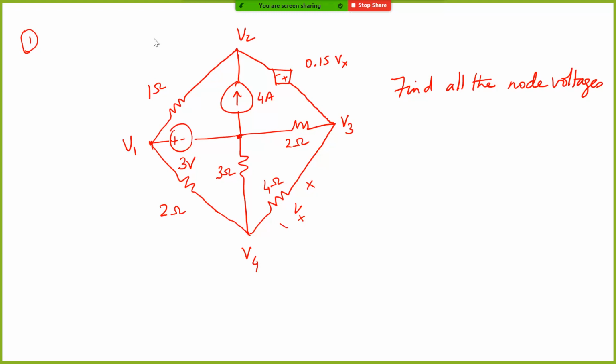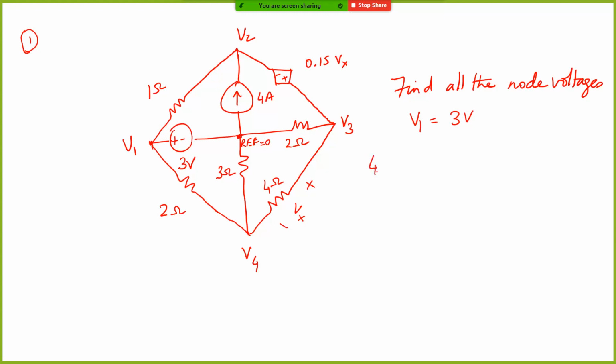So let me just write the node equations. V1 directly we can write as 3 volt. And this can be your reference node, which is equal to 0. For V2 and V3 we can write a supernode equation.